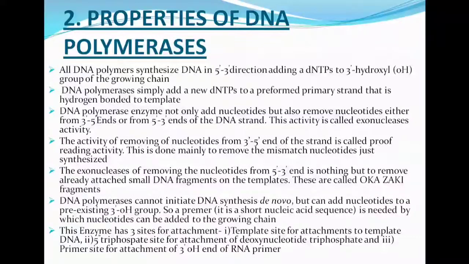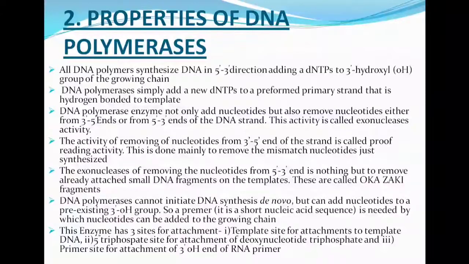And as far as the structural property is concerned, this enzyme has 3 sites for attachment. The first one is the template site, for attachment of the DNA template. The second one is the 5' triphosphate site for attachment of deoxynucleotide triphosphates, dNTPs.